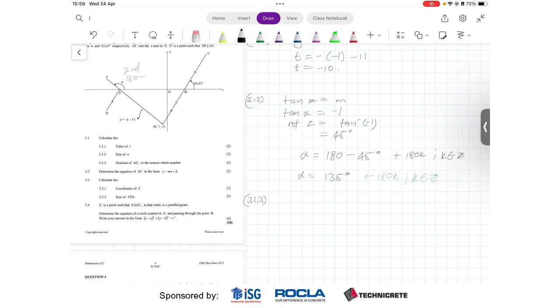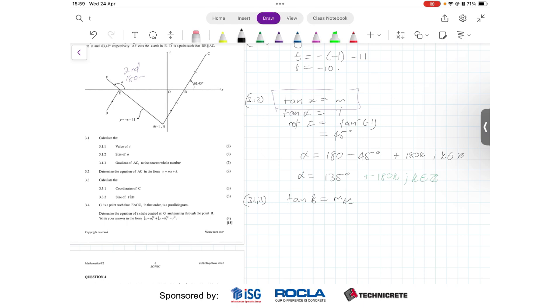3.1.3. The gradient of AC to the nearest whole number. Okay, so remember what I just told you about this formula. We use the exact same principle here to say that the tan of the angle at B is equal to the gradient of AC.